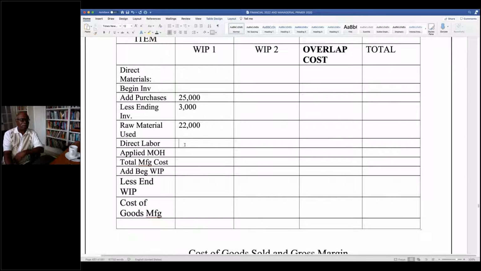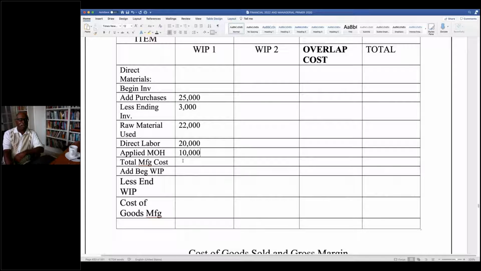Okay, what's our direct labor? 20,000. Where did you get that from? From the direct labor under the T chart of work in process one. Plant manufacturing overhead, 10,000, and I got that also from the T account.